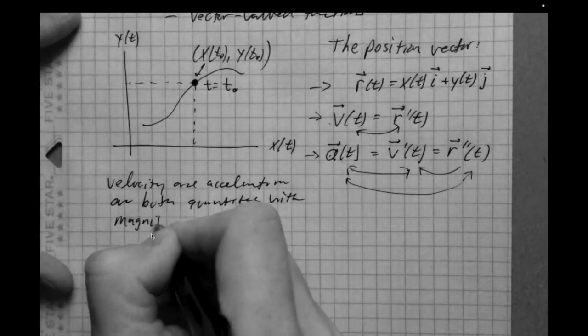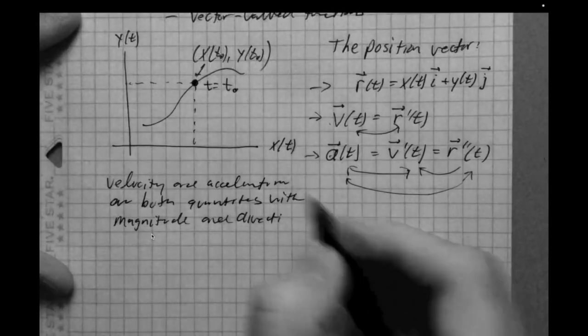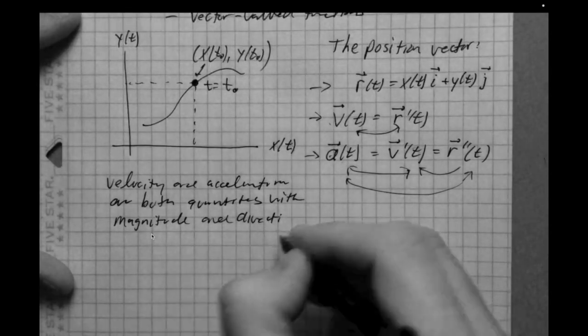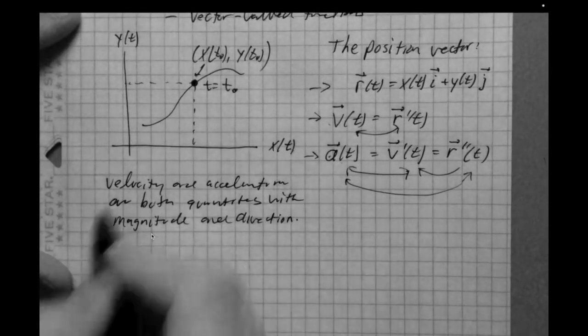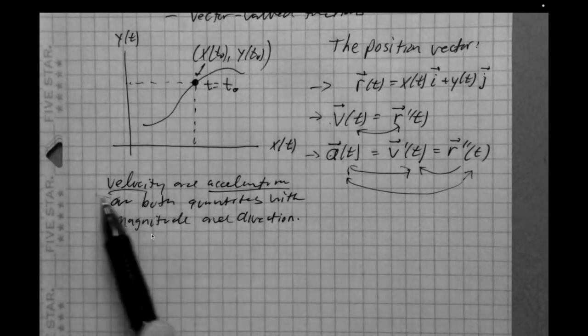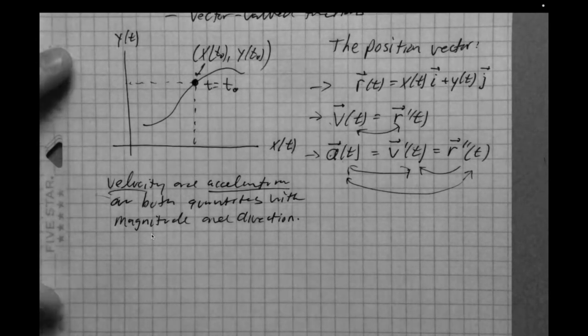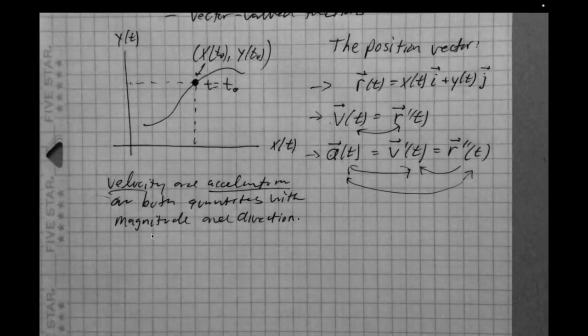That's the key to a quantity being appropriately represented by a vector. When we talk about the velocity of a particle, it's going to have a certain speed, which is like the length of the vector, and it's going to have a definite direction. Same with acceleration. So they're vectors.